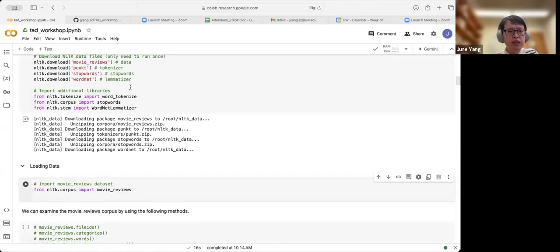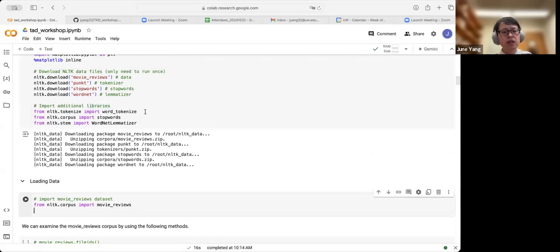I'm actually importing the additional libraries to tokenize the words, which is basically to break our corpus into pieces of words and phrases. Stop words is a data set contained in the NLTK, which contains frequent words that commonly appear in a bunch of texts but are not very useful to our own task.